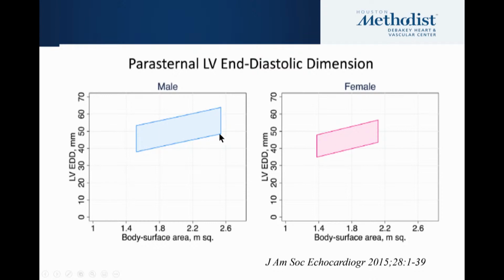So women have smaller hearts than men, but in both of them, the dimensions are linearly, directly related to the body size, and we still use body surface area as the way to index. There's been some debate whether one should use height or some other form of correction, because some people are small in height but have a lot of obesity, which does give you a large body surface area.